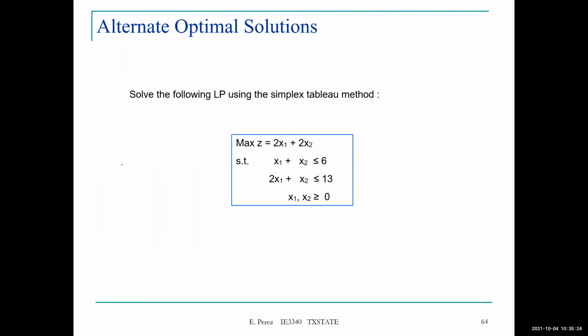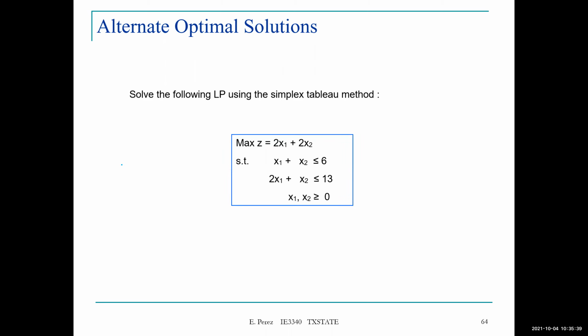So let's look at this example. Solve the following LP using the Simplex Tableau method. Again, we have less than or equal constraints, so we're going to add the slack variables. We are maximizing, so these are going to be -2, -2 in row 0.